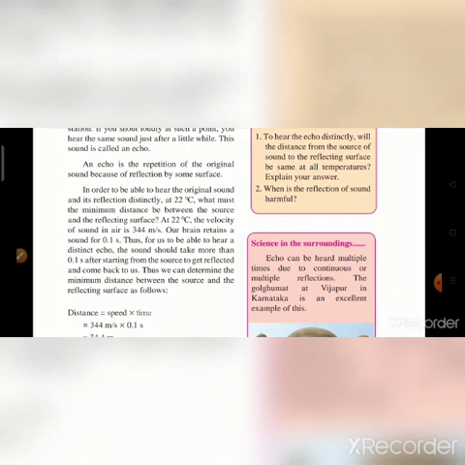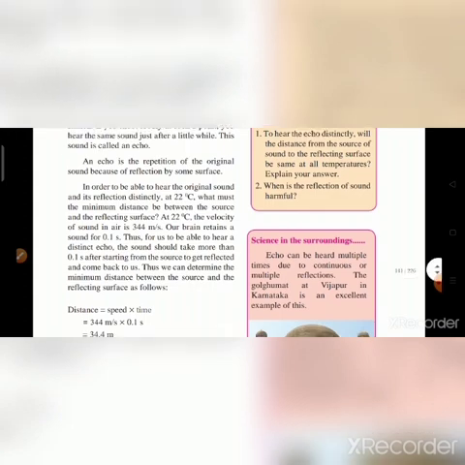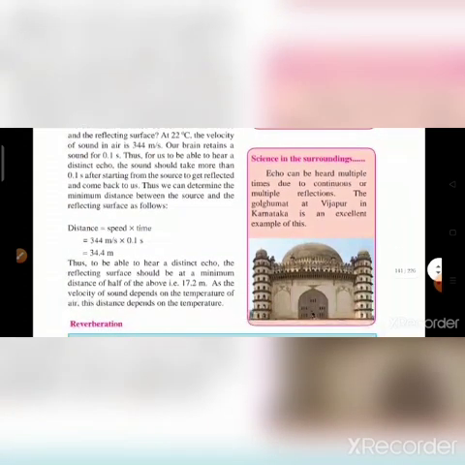Thus we can determine the minimum distance between the source and the reflecting surface as follows. With the help of a formula we can determine it. Distance equals speed into time, where the speed is 344 meters per second and the time is 0.1 second.